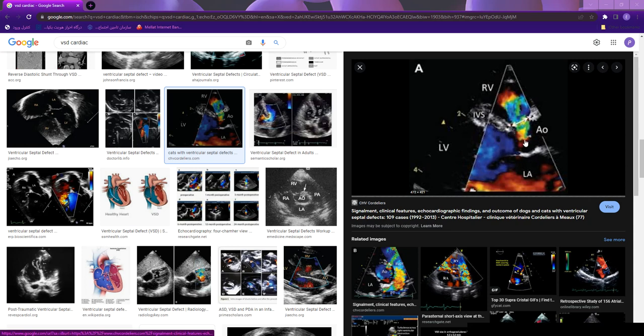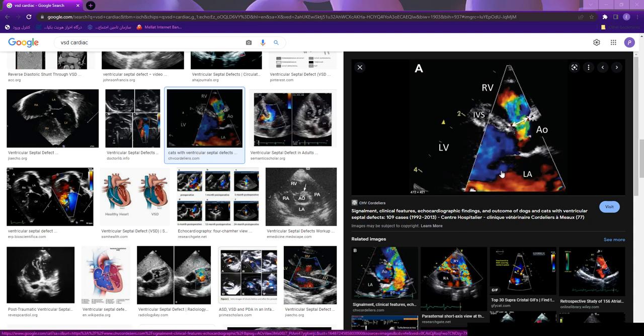So in this picture we see a large VSD, and when we use continuous Doppler, we have a smaller wave, whereas in a small VSD the speed of blood is higher than when the VSD is larger.